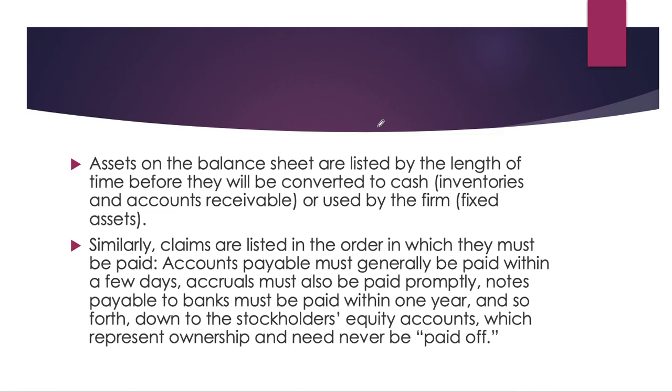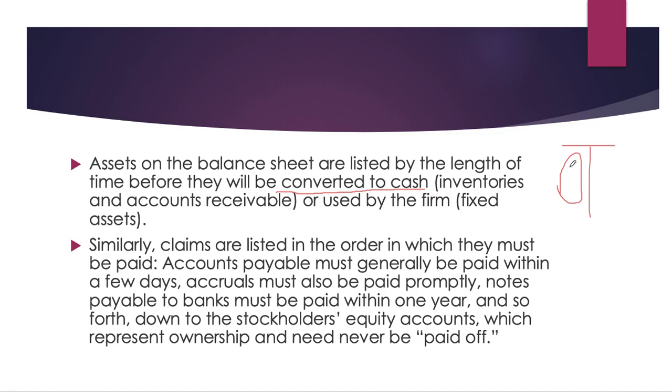Assets on the balance sheet are listed by the length of time before they will be converted to cash. As I explained a little bit already, inventories and accounts receivable, and then we have the fixed assets. So we go in the order of most liquid to the least liquid assets when we write the left side, because on the balance sheet we have the assets on the left side.